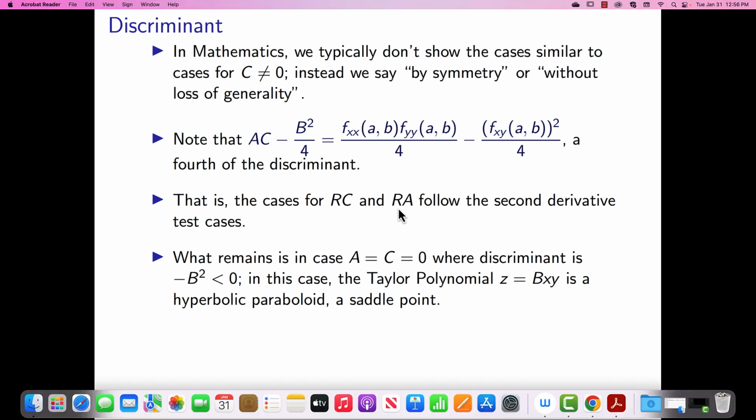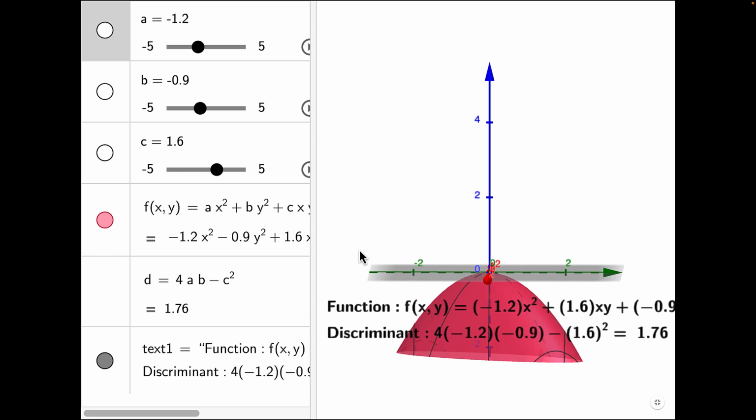Now let's show this for different values of A, B, and C on GeoGebra for a quick minute. One way to visualize what we just said is that we simplify the function locally to a shape ax squared plus by squared plus c times xy. That's the Taylor polynomial right there.